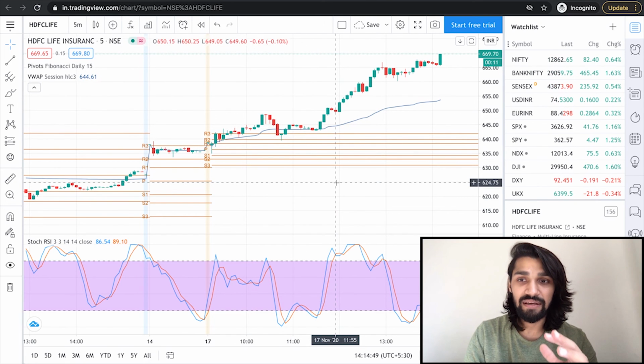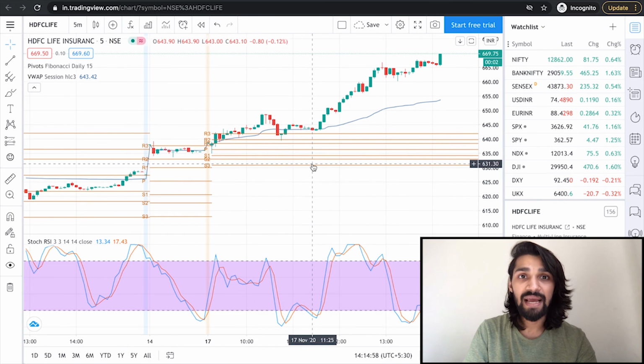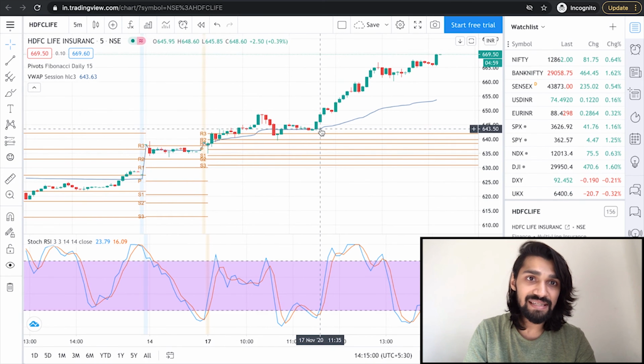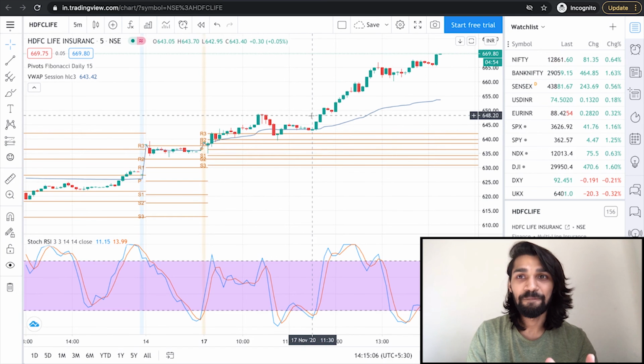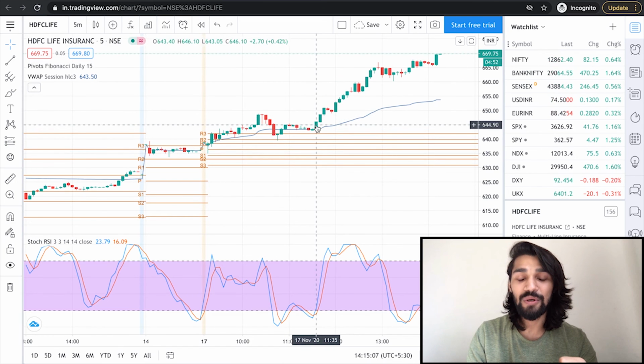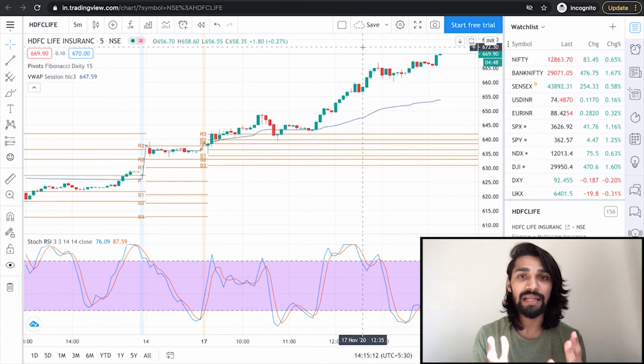So if you consider this trade, then you have your patterns in place. You have three of the very good indicators in place from 646 to 670, and it is still moving upwards. So that is the power when you use the patterns and the indicators together. It gives you a really good trade.